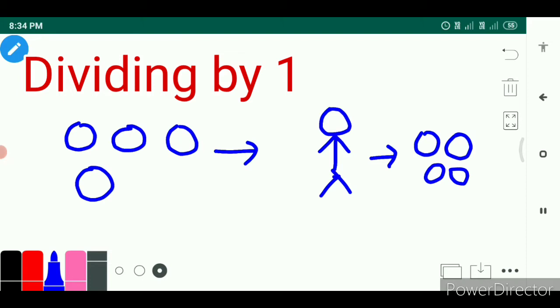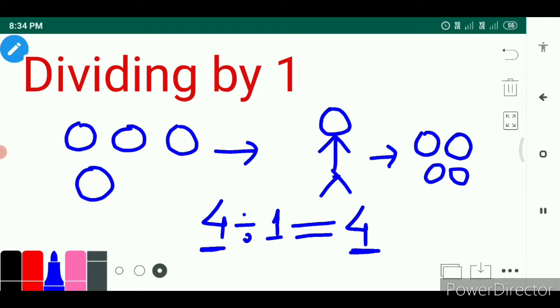Our answer will be the same. So 4 balls are there, I divide them by one person, and that person has 4 balls. As you can see, the dividend and the quotient are the same while dividing by 1.